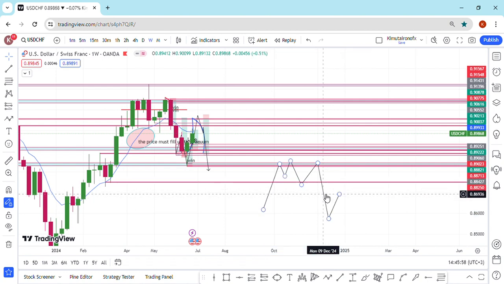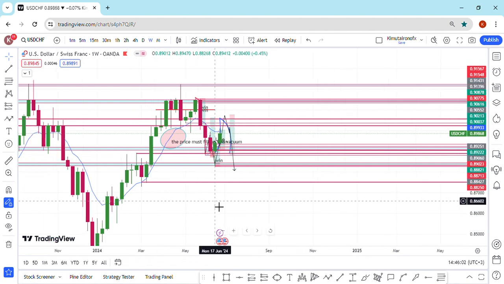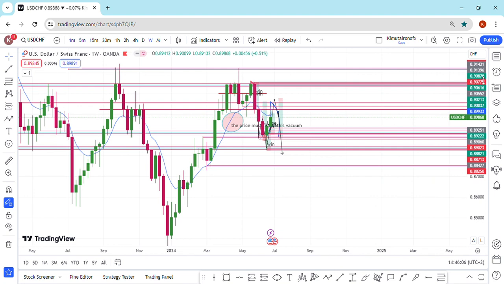But first, we'll know if this market is really bearish or it has already exhausted its bearish momentum to the downside by going to analyze the other time frames. So we are not going to make a conclusion before looking at the daily time frame and the 4-hour time frame.